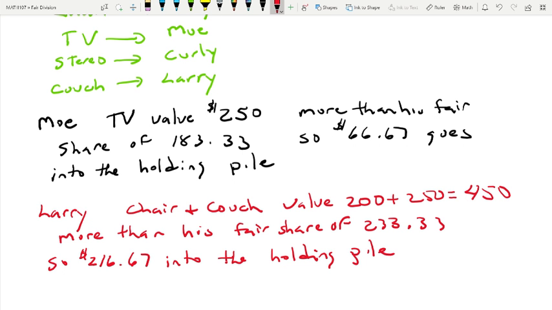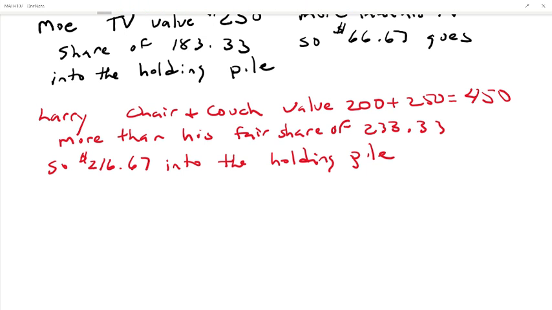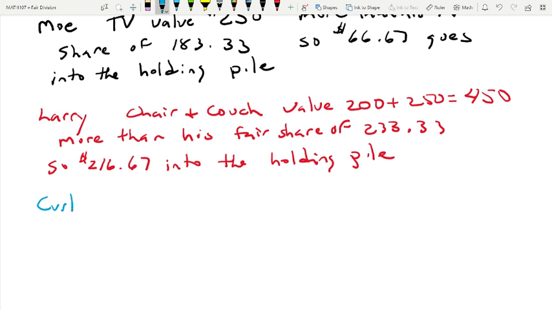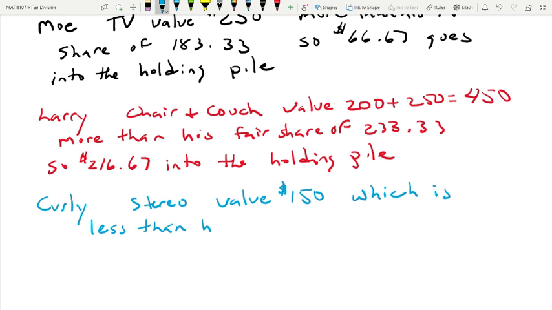That takes us now to Curly. We said Curly got the stereo, and for him it had a value of $150, which is less than his fair share.